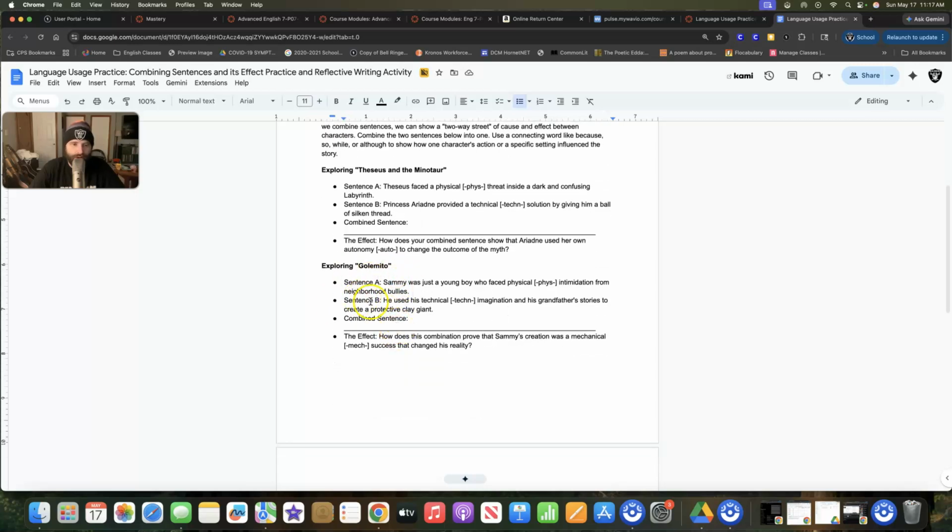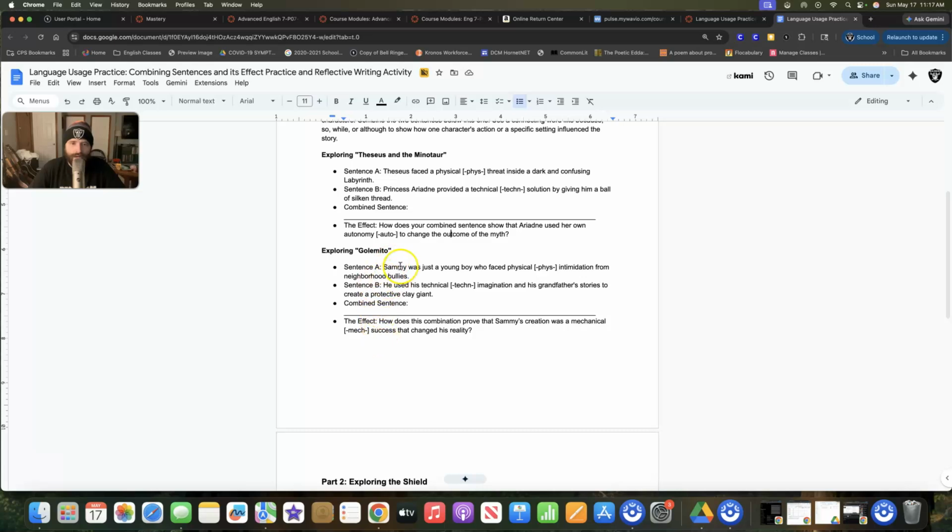And then secondly, we want to look at Golemito. And so with Golemito, again, combining these two sentences, Sammy was just a young boy who faced physical intimidation from neighborhood bullies. He used his technical imagination and his grandfather's stories to create a protective clay giant. So here I would think more compound sentence.